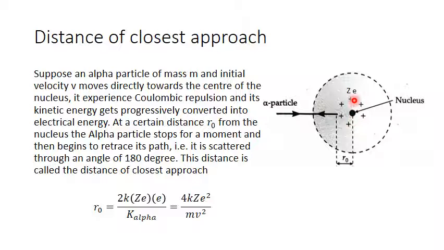Here e denotes the charge of the individual proton and Z denotes the number of positive particles inside the nucleus, and this e denotes the individual charge, divided by the kinetic energy of the alpha particle.